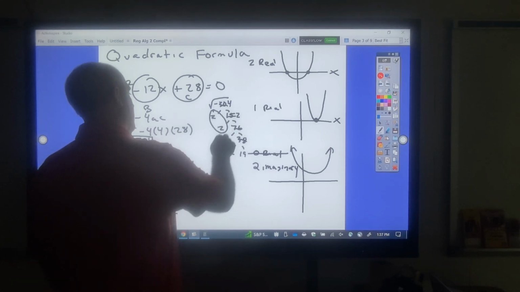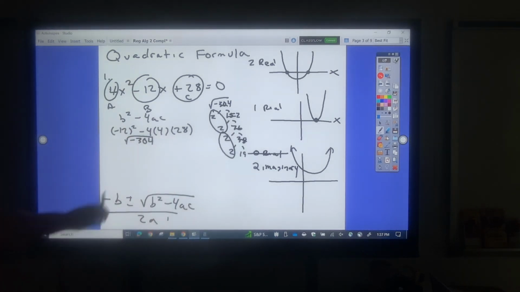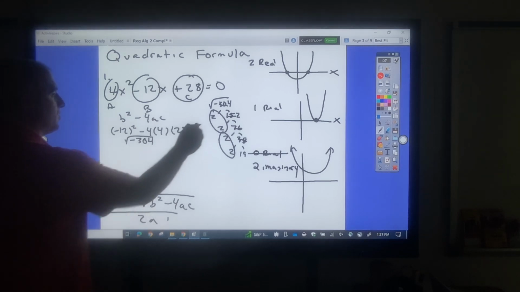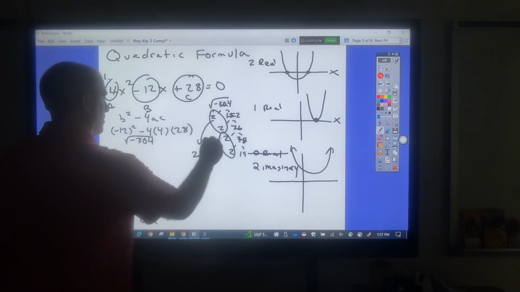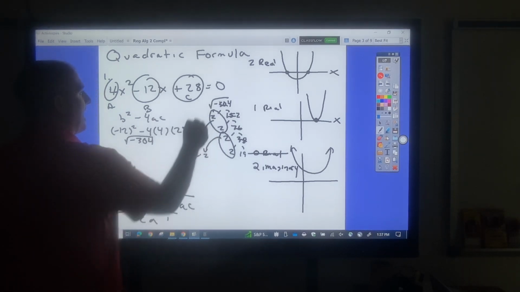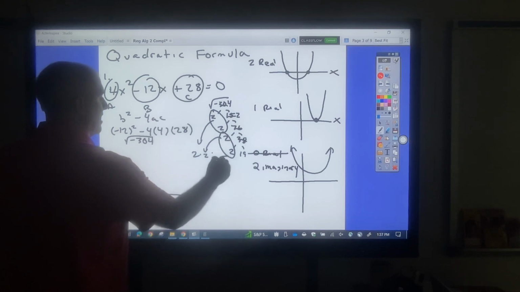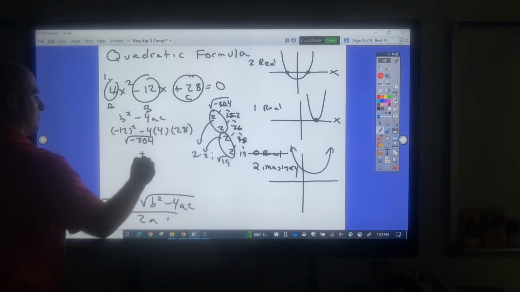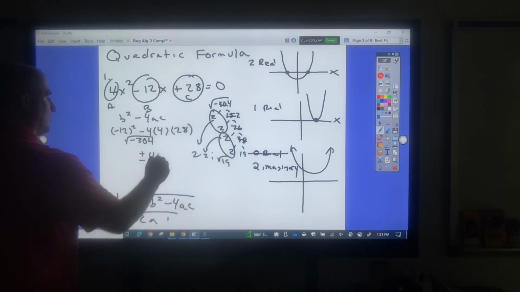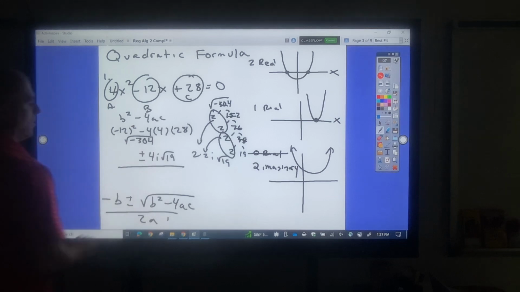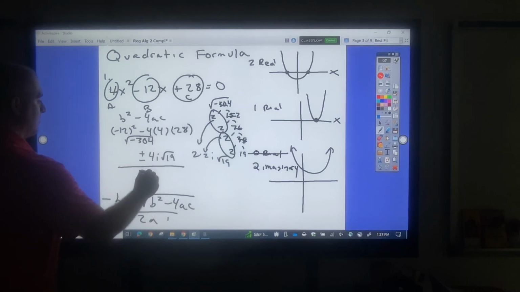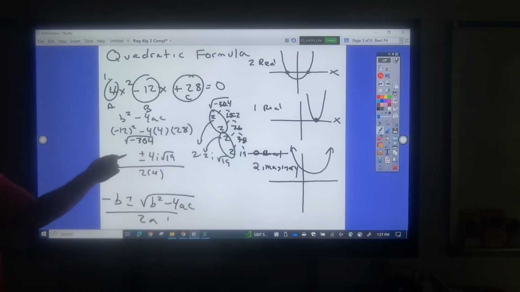So I got a pair, I got a pair. Now, when I go to break this down, I can take 1 per circle group. I also have to account for that negative, which is the i, and I have 19. So I have plus and minus 4i square root of 19 all over 2 times 4. Now remember, this is opposite of B, so that's going to be 12.